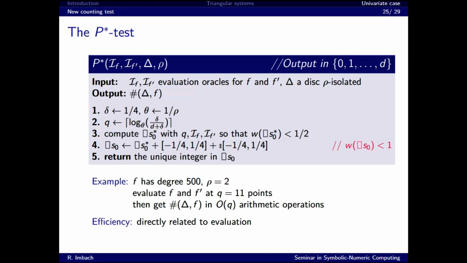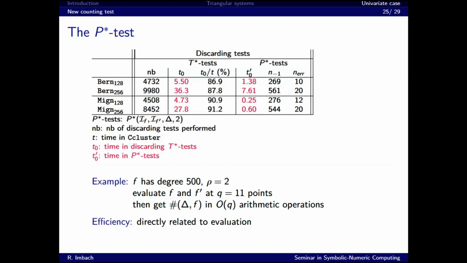So to illustrate how efficient this test is compared to the test based on the Pellet theorem, here I run Ccluster on two polynomials, Bernoulli and Mignotte, and I report here in this column T0 the total time spent in doing the discarding test with the Pellet theorem. And each time I do a discarding test with the Pellet theorem, I also do it with the P-star test.